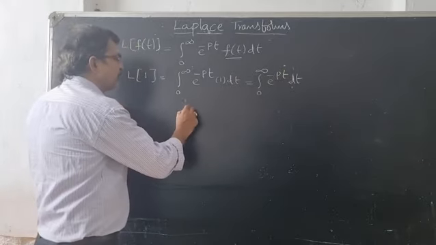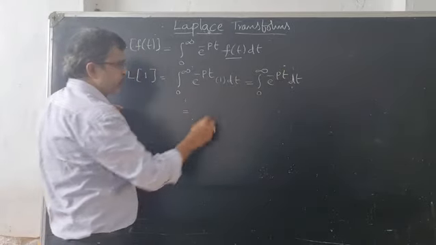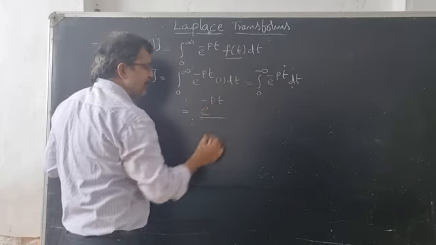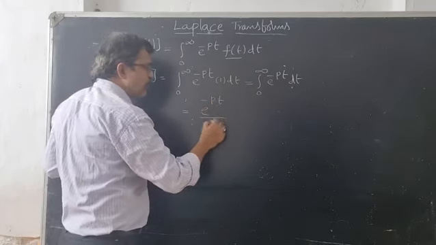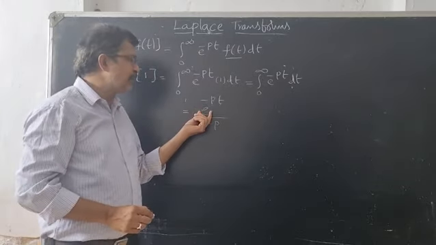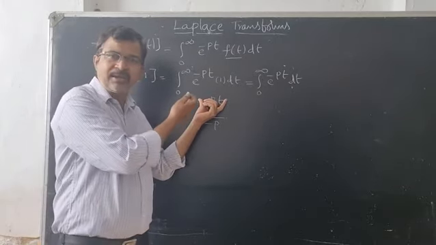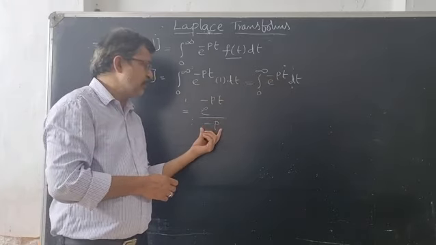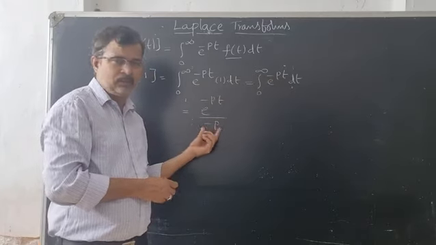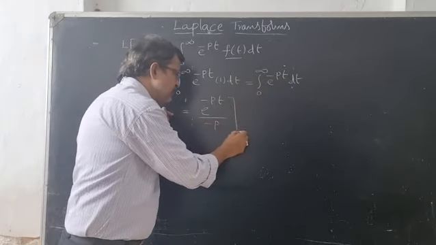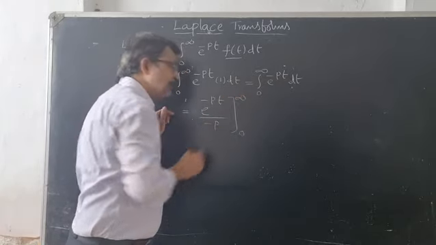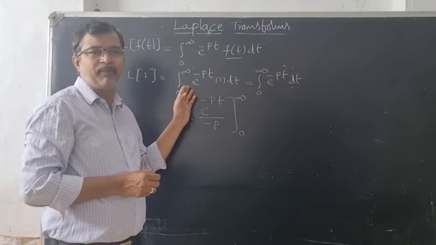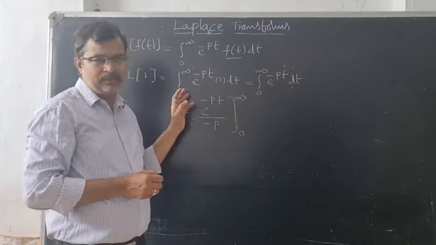So by the formula, e^(-pt) divided by -p, but this is not x, it is pt, so the derivative of -pt is -p. You write the -p in the denominator, and the limit should be 0 to infinity. That means you substitute the upper limit and then the lower limit.